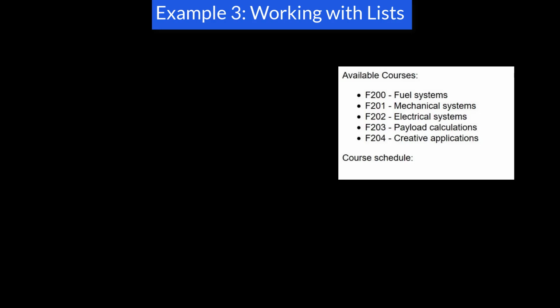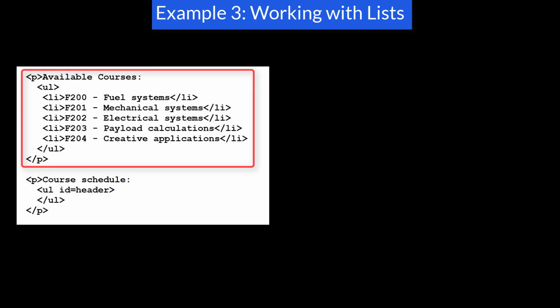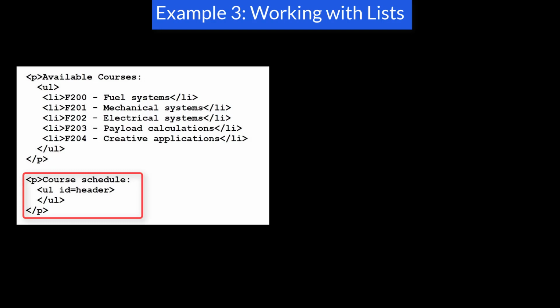Since we will be adding courses to the second list, we know we have to have an ID value, so we start with this. Available courses, unordered list, and then there's 5 courses listed as elements or items in the list. And then course schedule, unordered list, ID equals header, so we'll refer to that later.